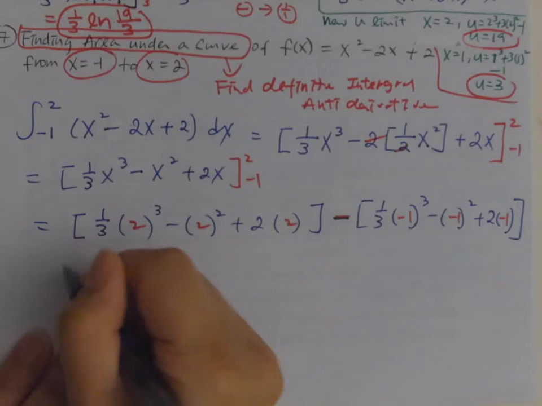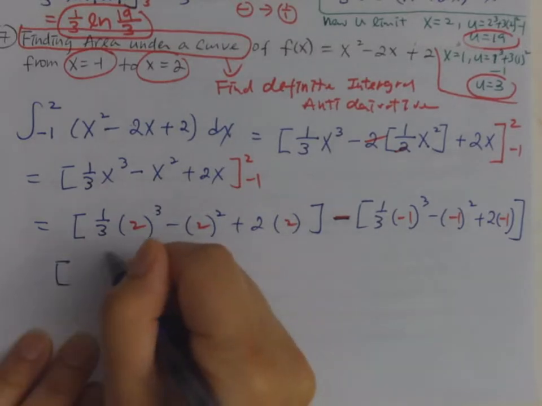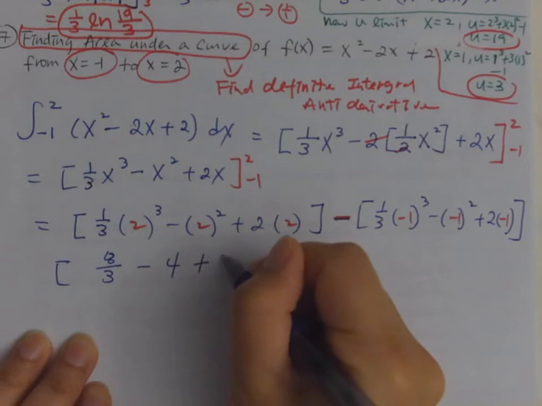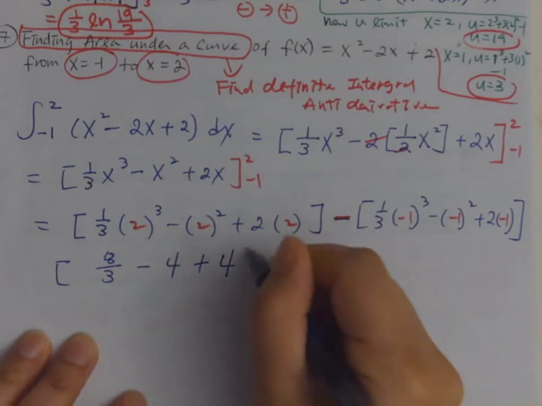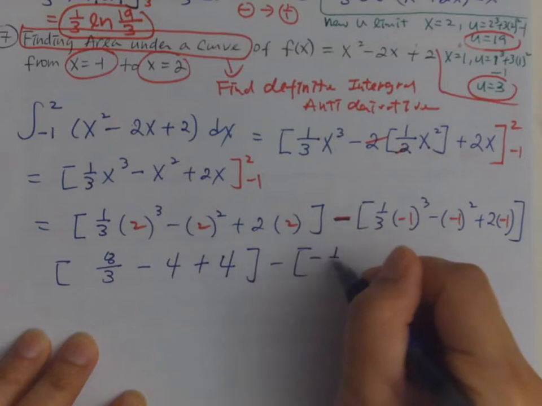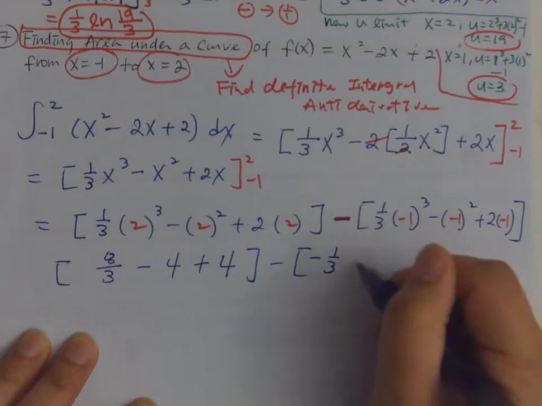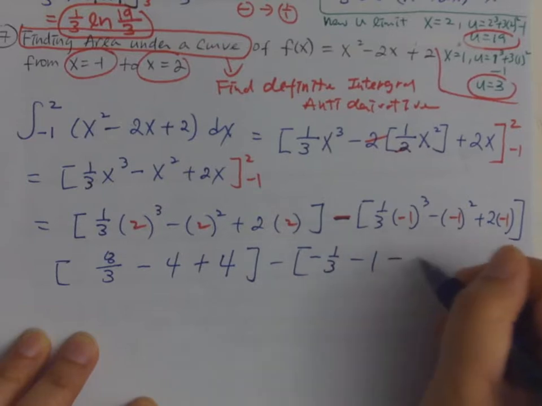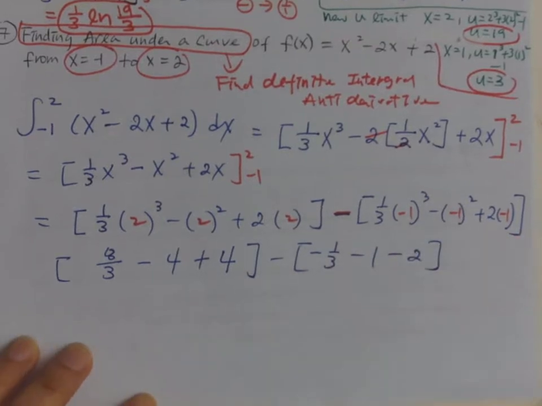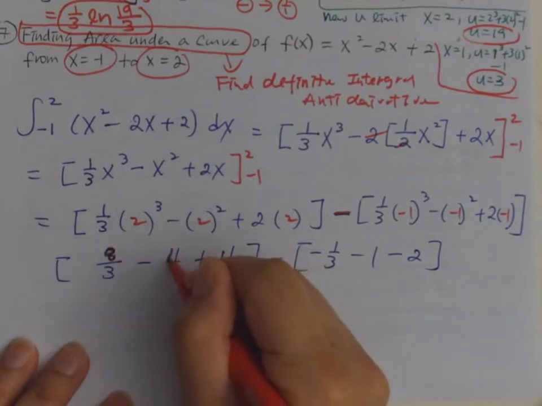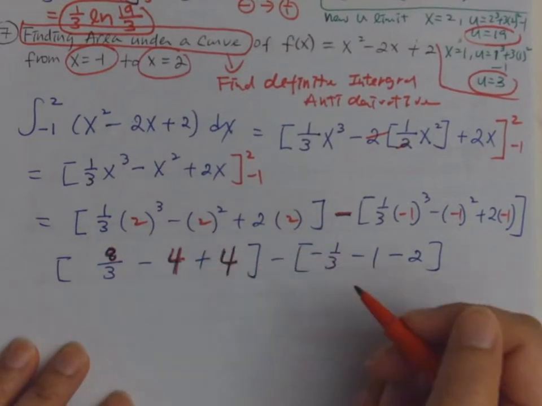So the first fractions will become 2 cubed is 8 over 3, minus 4, plus 4, okay. And then subtracting, this is still negative 1/3, and then minus, this is still 1, and then minus a 2, okay. So we got an 8 here, 4, and then another 4.